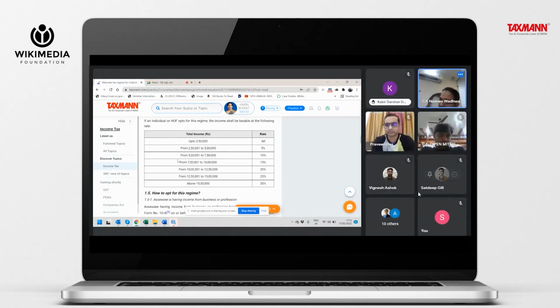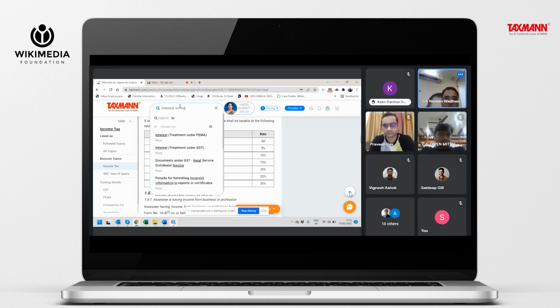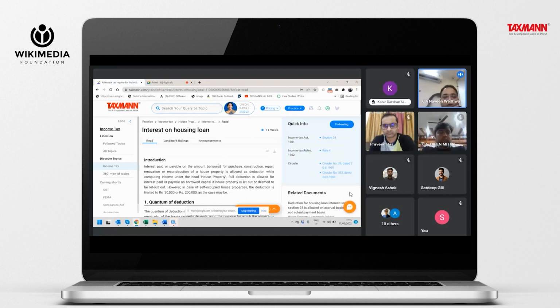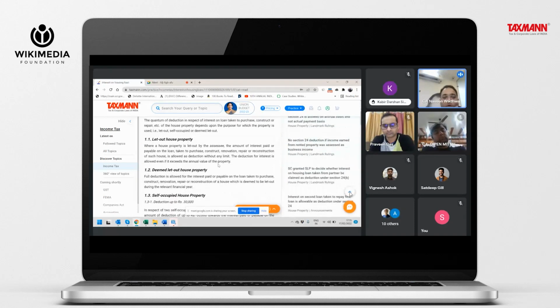All right. I have addressed question number 2 and question number 3, and now question number 4, interest on housing loan. You can claim a deduction for interest you are paying on any housing loan which you have taken to buy your own house.